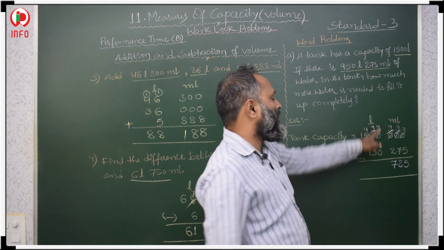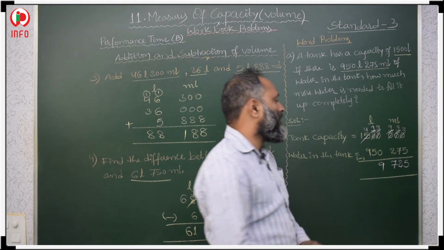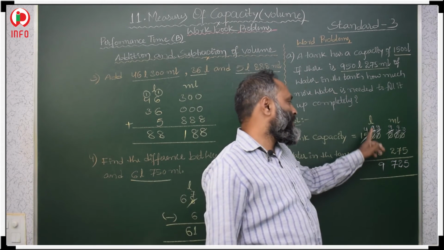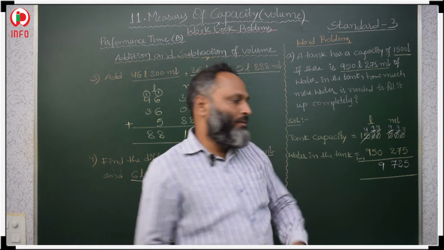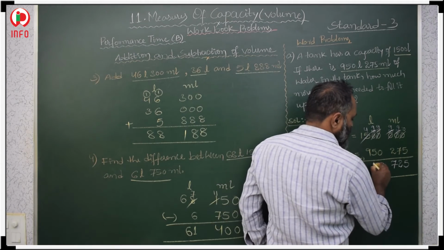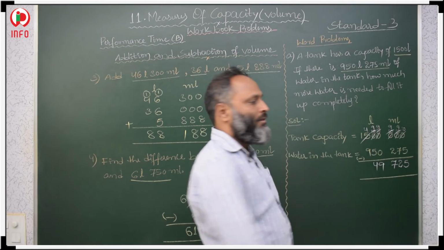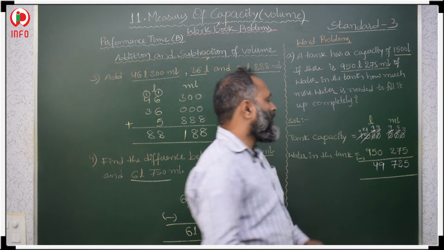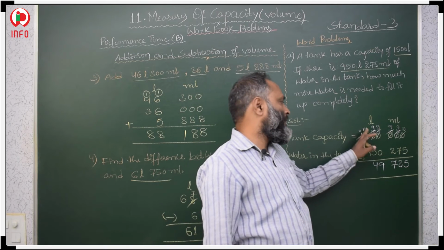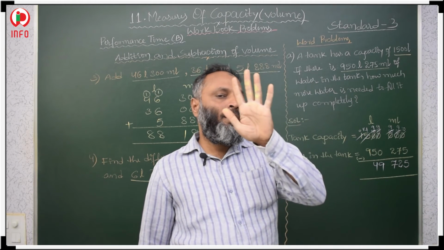Next, 9 minus 0, 9. 9 minus 5 means from 6 to 9 we have to count: 6, 7, 8, 9, it is 4. 4 minus 9, we cannot subtract this, so take borrow from the next. Here you will get 0, you will get 14 here. 14 minus 9 means from 10 to 14 we have to count: 10, 11, 12, 13, 14, it is 5.